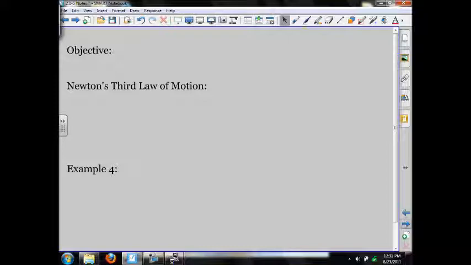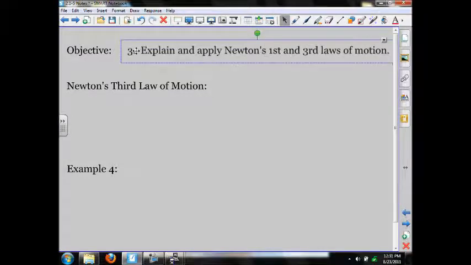All right. Last thing we need to talk about today in the middle part. We said we want to talk about the first and the third law of motion. What's the third one say?